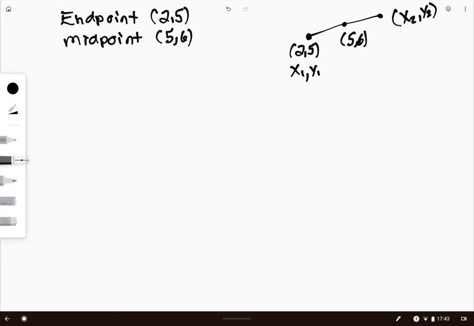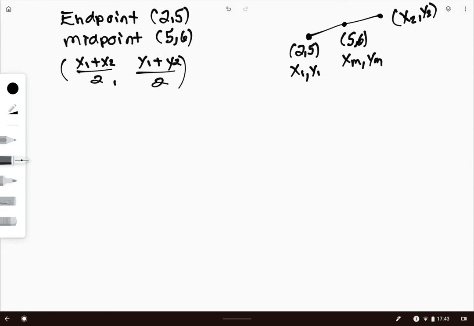And then I'm going to call my midpoint, 5 and 6, xm for the x midpoint and ym for the y midpoint. So using my midpoint formula, which is x1 plus x2 divided by 2, and y1 plus y2 divided by 2, I'm going to plug in what I know and use it to solve for x2 and y2.